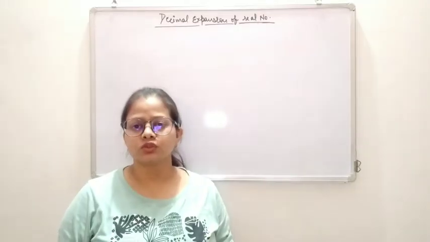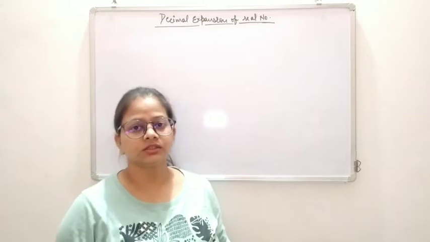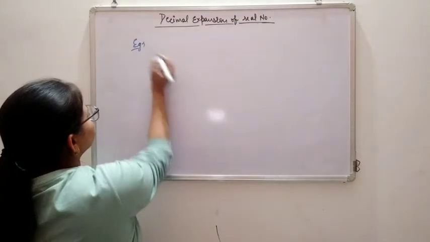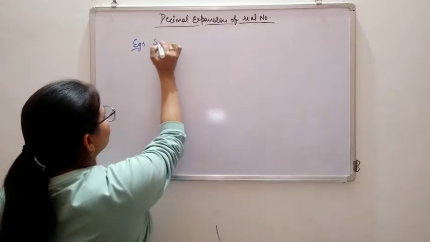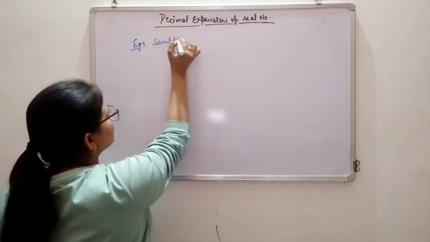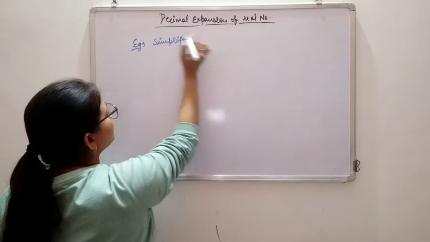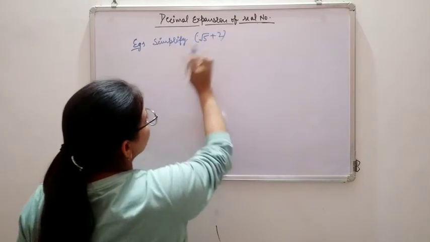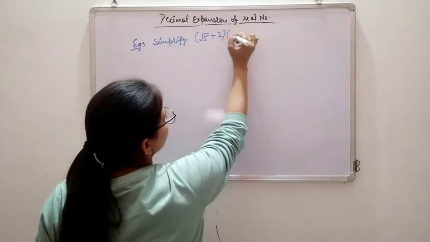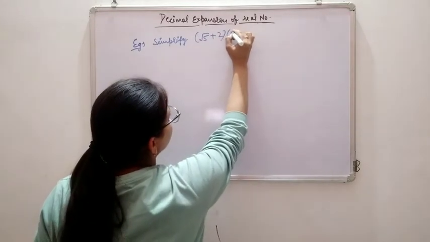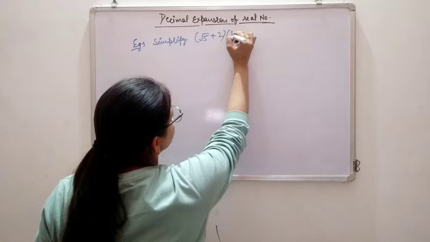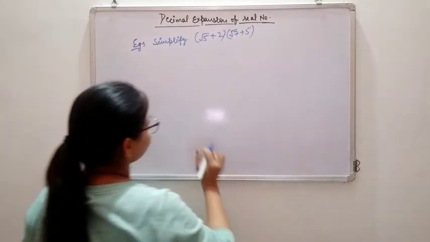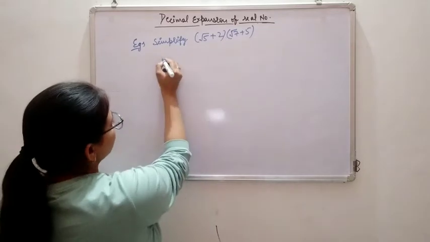So these are the identities which will help you in solving some questions related to it. Try to solve some examples related to these identities, right? So let's take an example. Simplify root 5 plus 2 and root 7 plus 5, right? Let's try to simplify it.